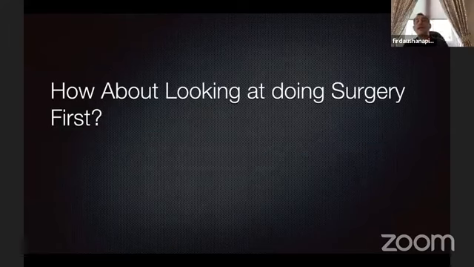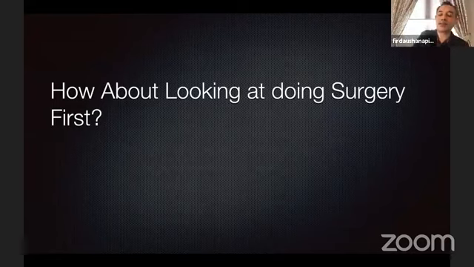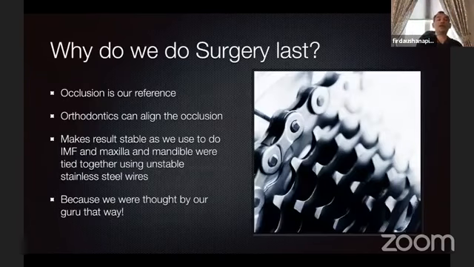So how about looking at doing surgery first? Now, this is very controversial. When we talk about surgery first, we look at historically, why do people do surgery last? Why do we need to have the braces on first? The problem is when we do surgery, we need to have a reference point to align the maxilla to the mandible.